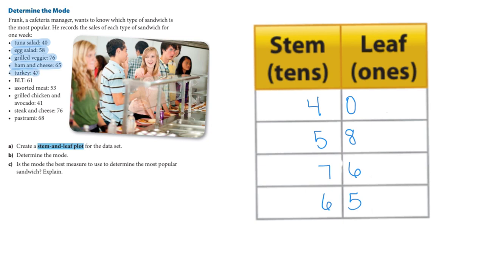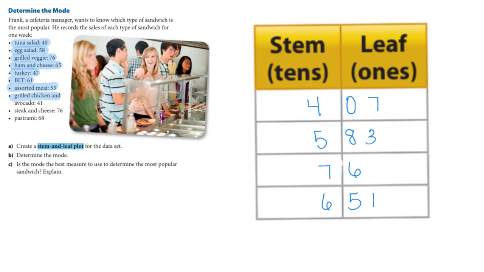Turkey is 47, so I can go back to where I put my 4 before and add a 7 for 47. BLT is 61, so I can go down to where I have a 6 and add a 1. Assorted meat is 53, so I'll add a 3 to the 5 stem.